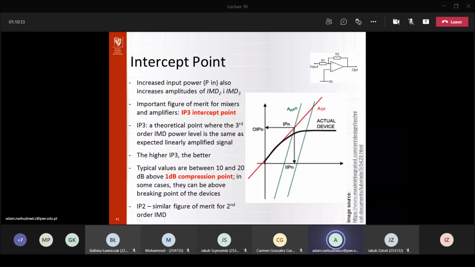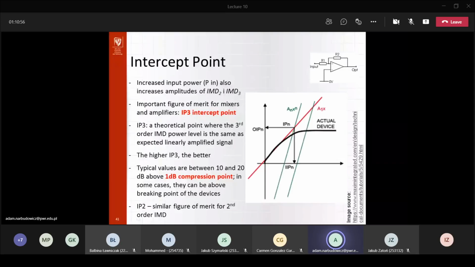So there are two key figures of merit. There's this 1 dB compression point, which we discussed earlier on. This is basically the point at which you apply a certain input power, and your amplification drops 1 dB below the expected.